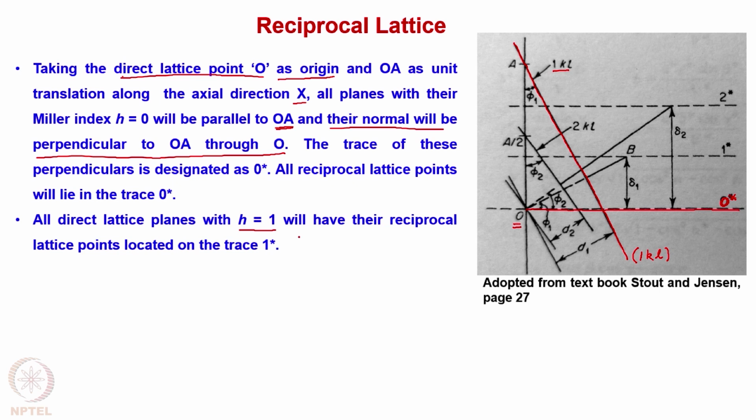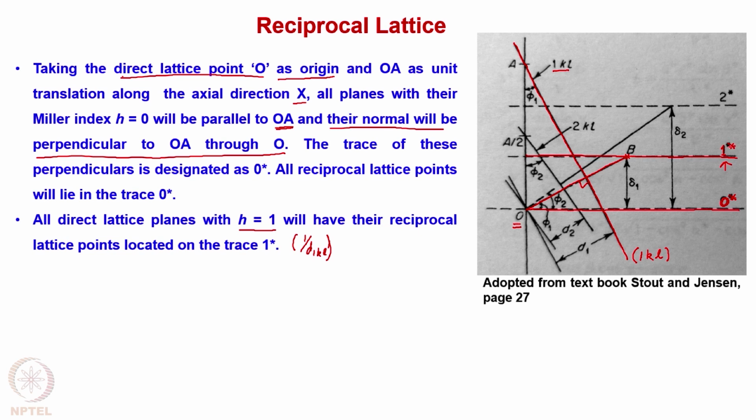If we drop perpendiculars to those 1KL planes, and we terminate each one of those normals at a distance 1 by d1KL, they would fall on a line which is marked here as 1 star.